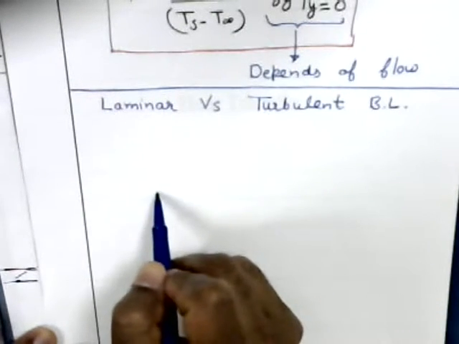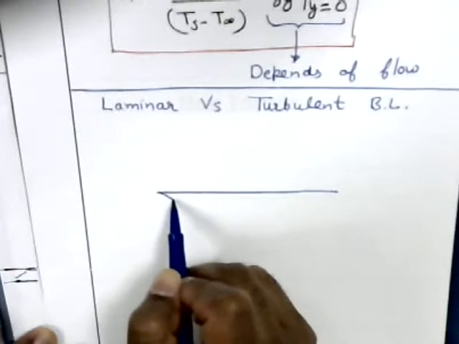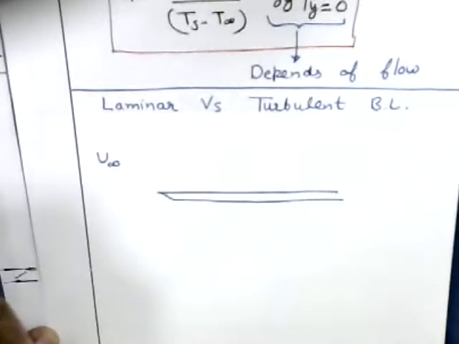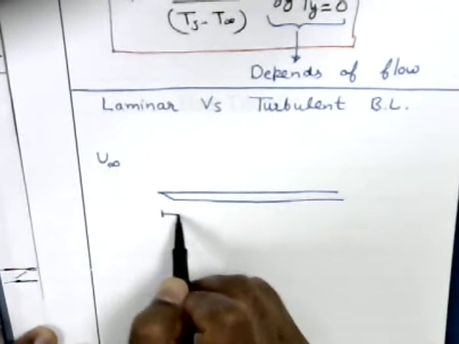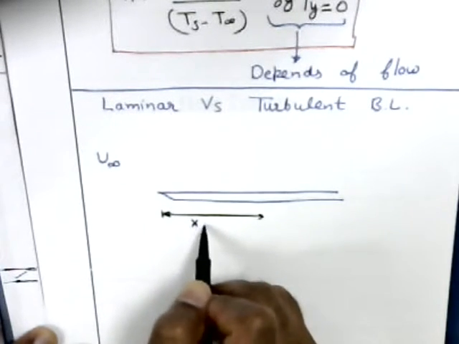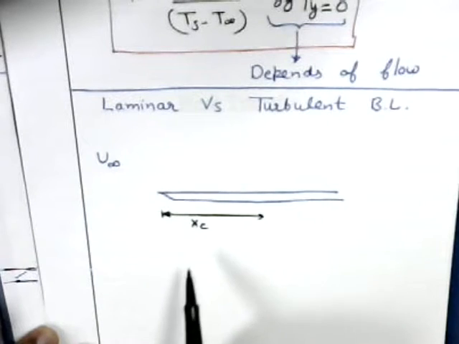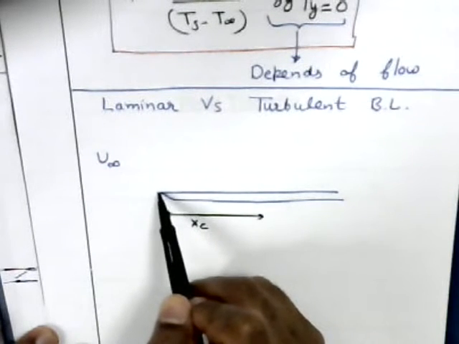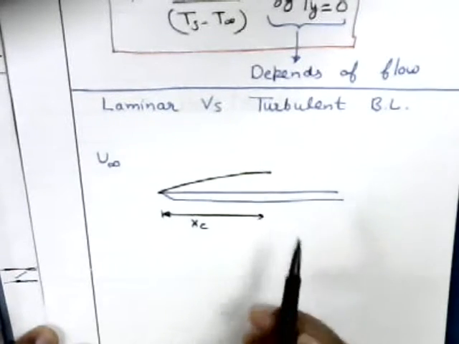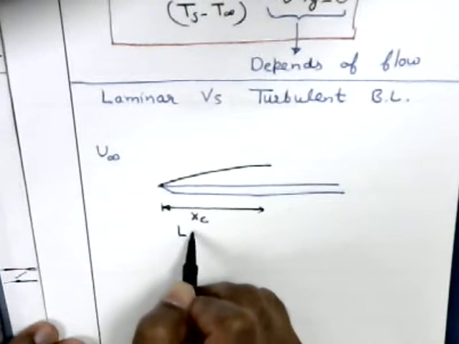So again, you take the flat plate, fluid comes with uniform velocity u infinity. It turns out that up to a certain point, let us say this distance is x_c, a critical distance, the boundary layer is laminar. It goes like this, and the boundary layer is laminar.